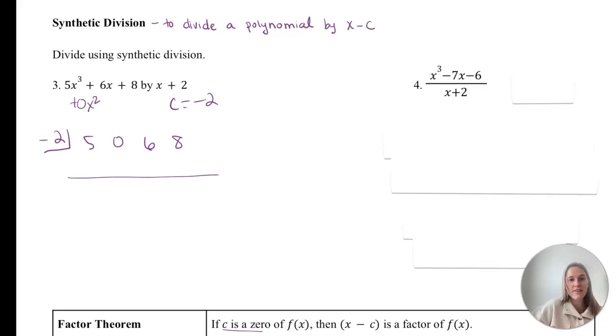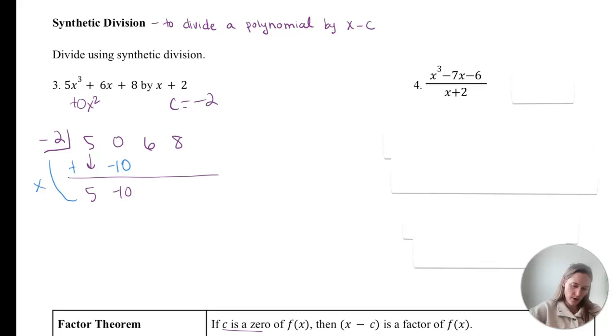All right, and the process for synthetic division was you brought the first number down, and then we do negative 2 times 5, and put that answer right here, so the negative 10. And then we add those two numbers. And when we add 0 plus negative 10, we get negative 10.